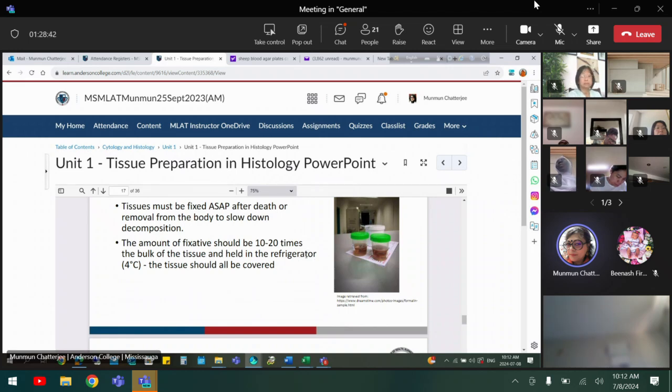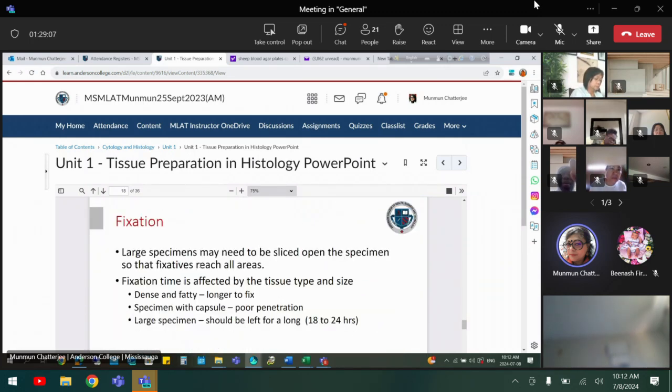So you put in the fixative and you can put it in the refrigerator. The tissue should be all covered, and you have to close the cap so that the fixative does not evaporate as a gas. So you have to have 10 to 20 times the bulk of the tissue in fixative.